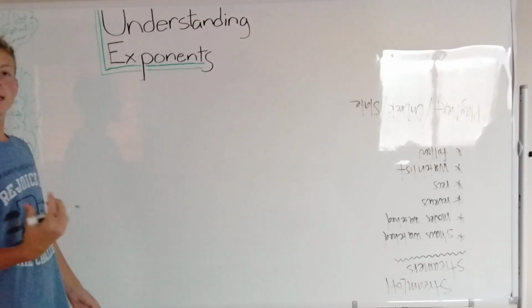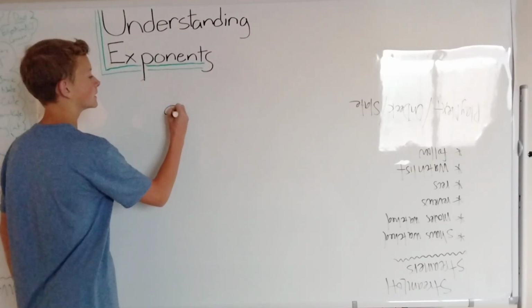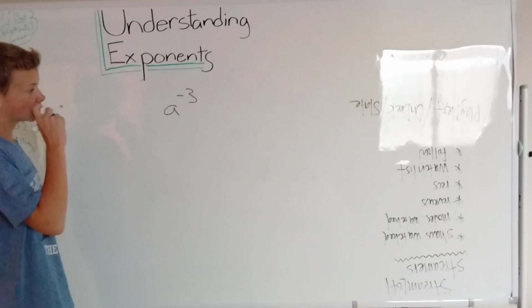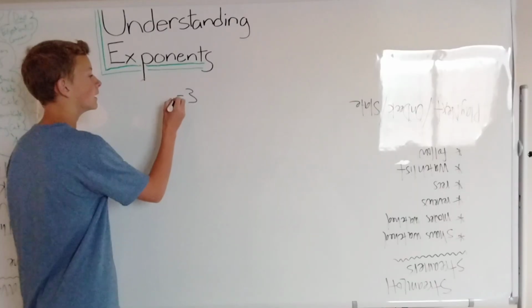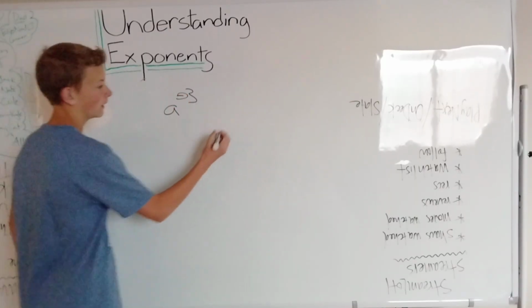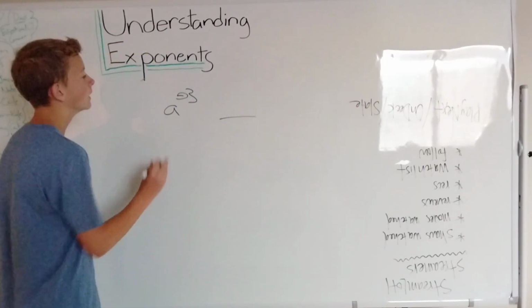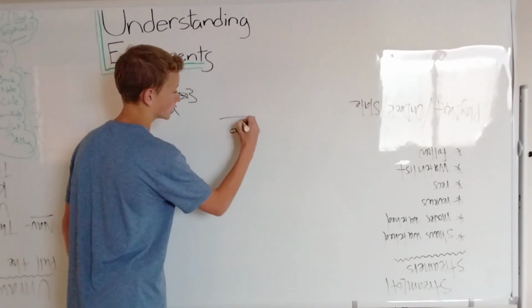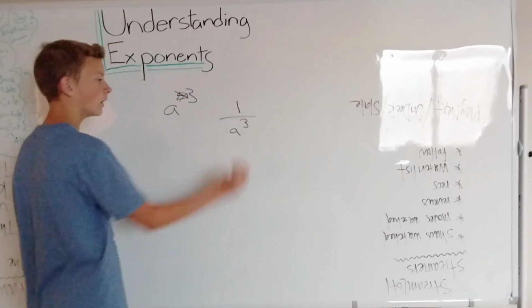Okay. The second to last rule of exponents is the negative exponent rule. Let's say we have the simple problem, a to the negative 3 exponent. A good way to imagine this is that the negative is a fraction sign. Then we cross it out, a cubed goes on the bottom, and we put a 1 on top.